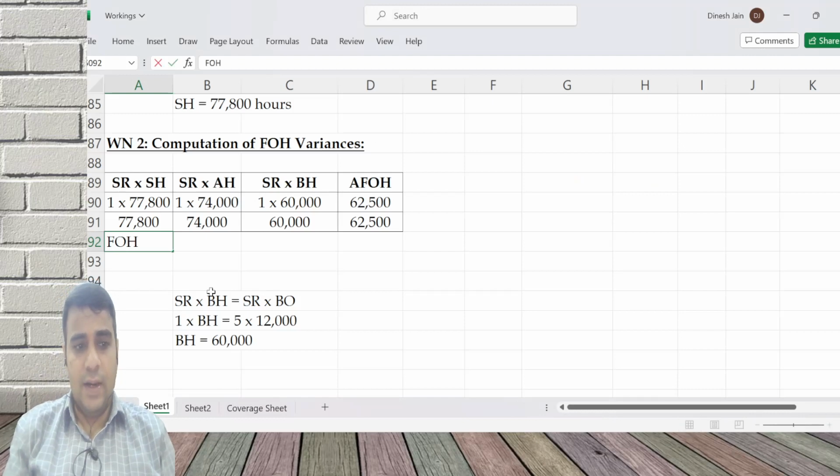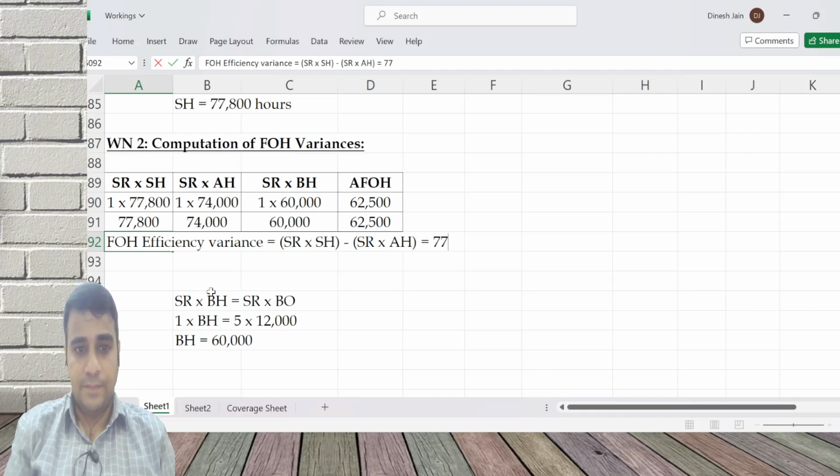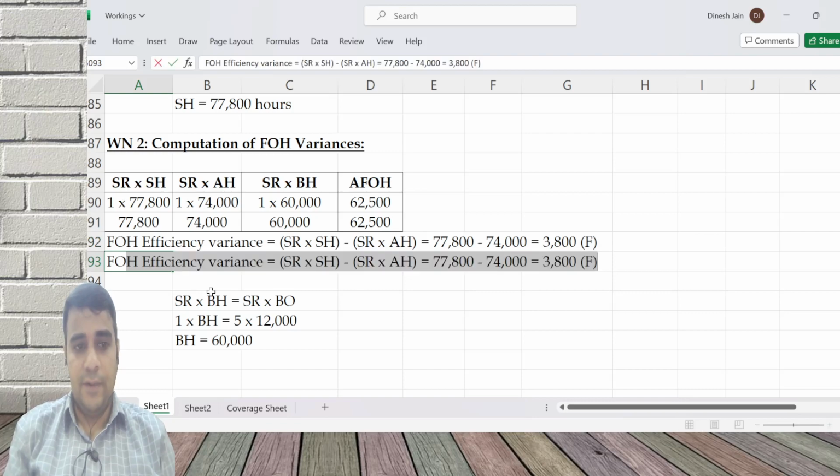Fixed overhead efficiency variance is equal to SR into SH minus SR into AH, 3,800 favorable.